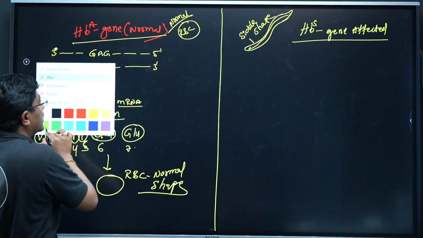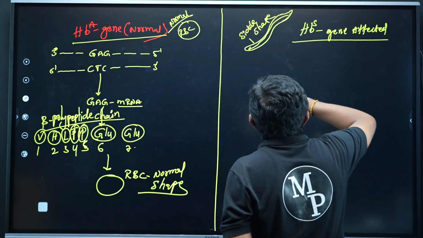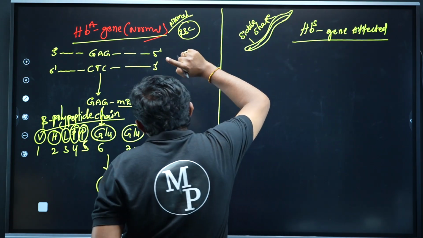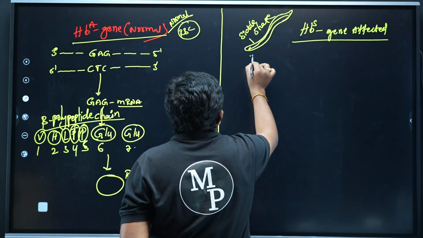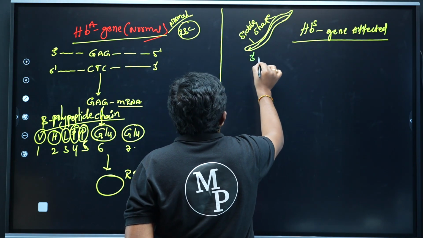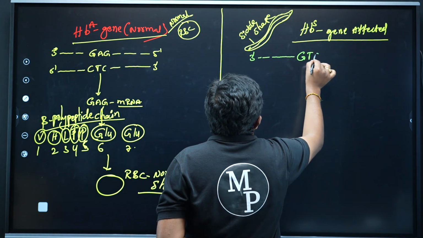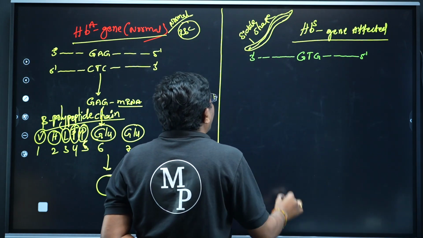Next, we'll discuss this. Yes, sickle cell. How is the sickle cell formed here? Sickle cell anemia is also called a point mutation. I'll explain that. It is the 3 end first, same G, T, G, and it is the 5 end.